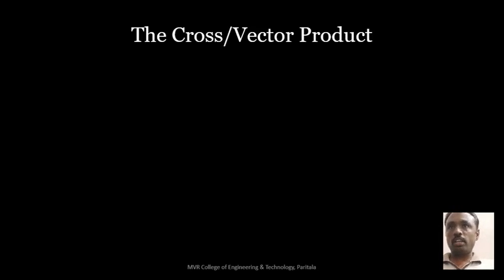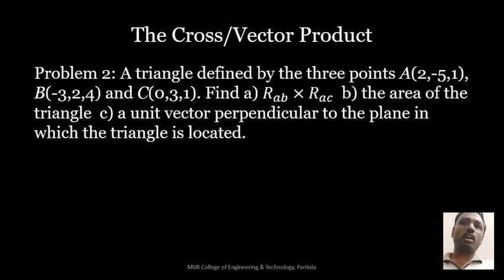So next take a problem here. A triangle that was formed with three points, A point, B point and C point. And thereafter we need to identify RAB cross RAC. So how can you identify RAB? Before that we need to identify small RA, small RB, small RC.